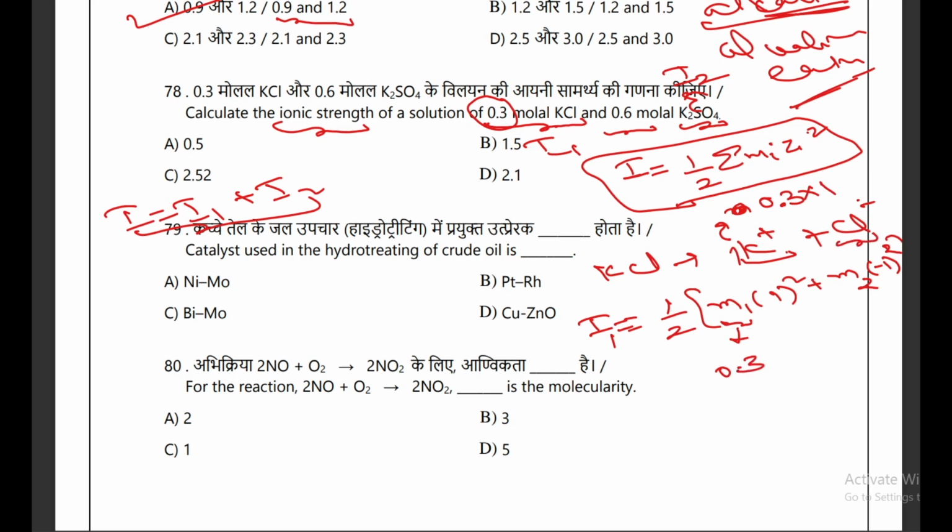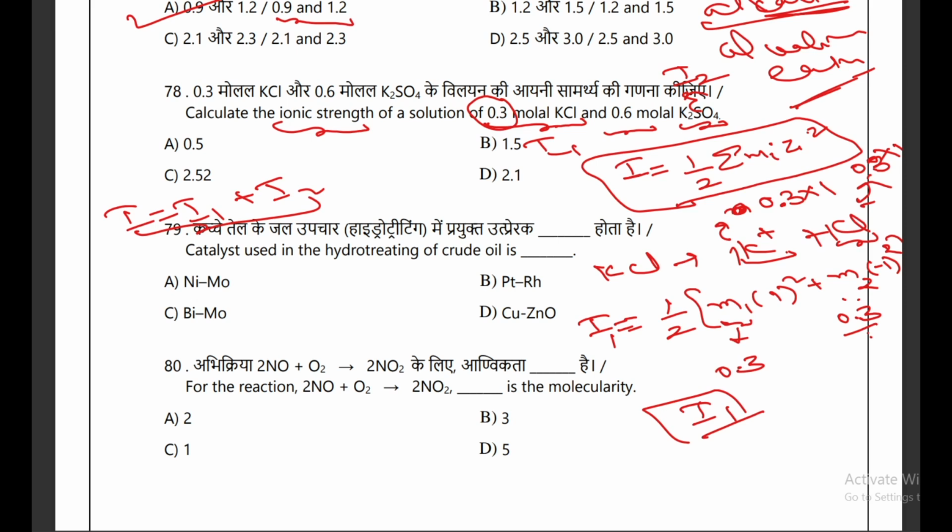The value of M2 is also 0.3, because the number of anions is 1 and you multiply it with its molality. You put these values in the formula and then you can calculate I1.